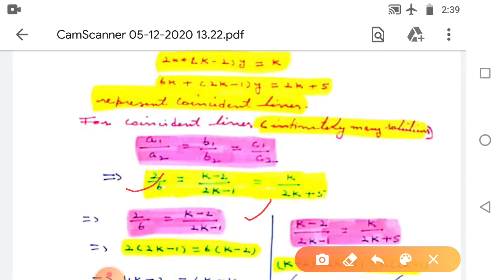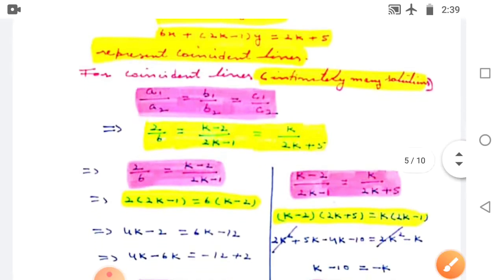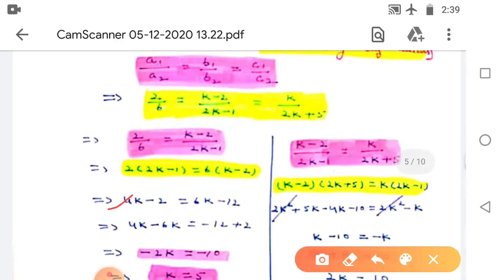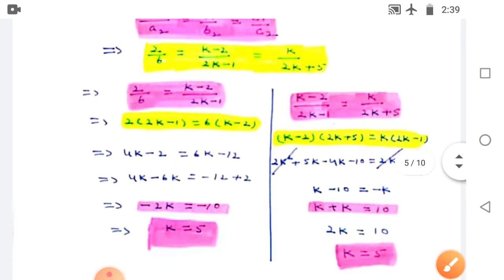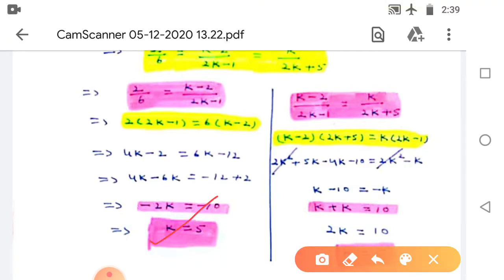By cross multiplication we get 2 into 2k minus 1 is equal to 6 into k minus 2, right? So 4k minus 2 is equal to 6k minus 12, and this 4k minus 6k, and this is minus 12 plus 2 here, and finally when you solve, we get the value of k as 5, right?